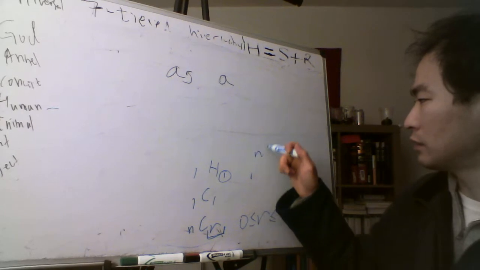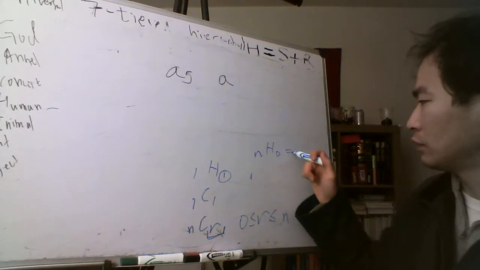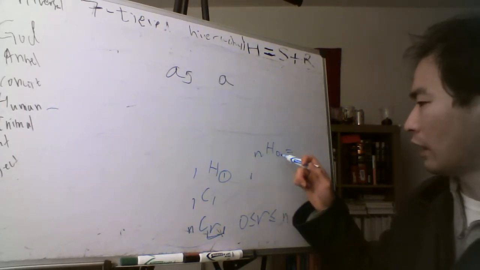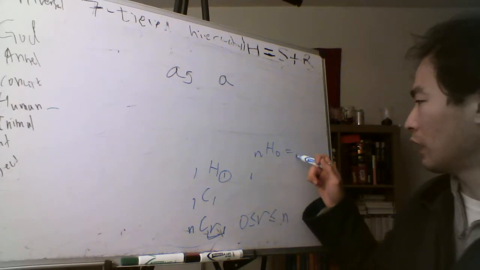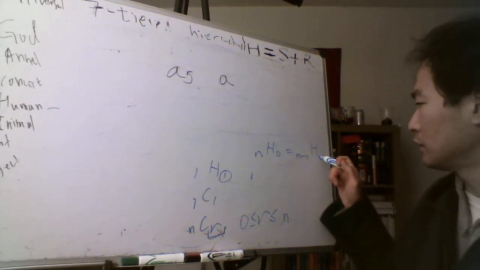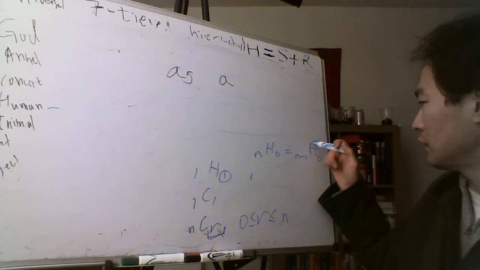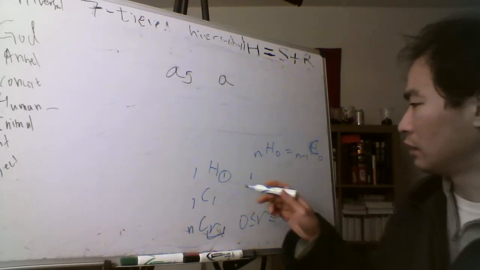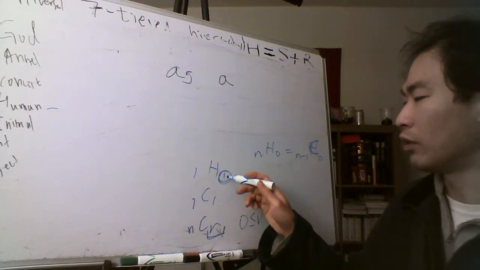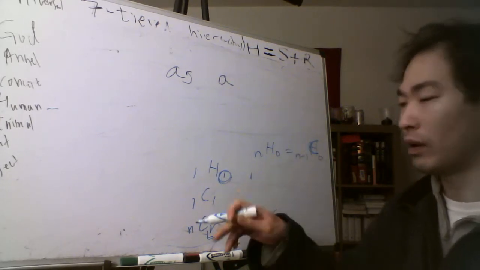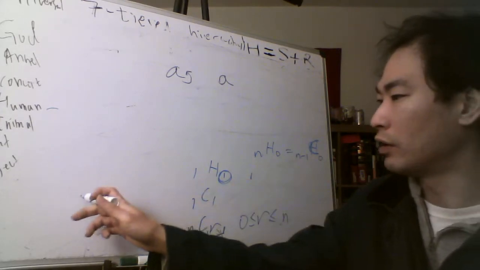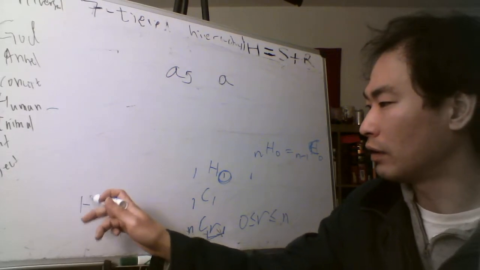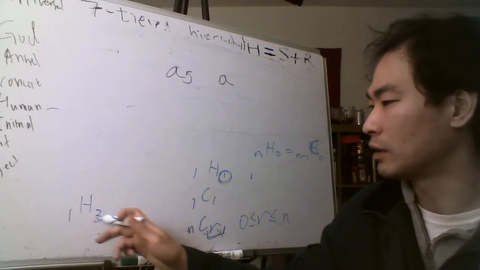What is nH0 equal to? You add and subtract 1, (n-1)C0. Yeah, you can do that. This number can be as big as 100, or bigger. Why? Because what is 1H3, for example?